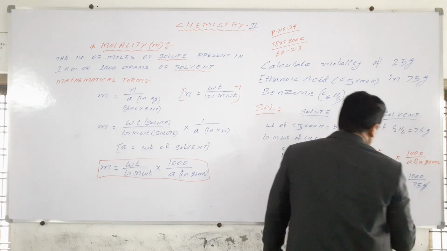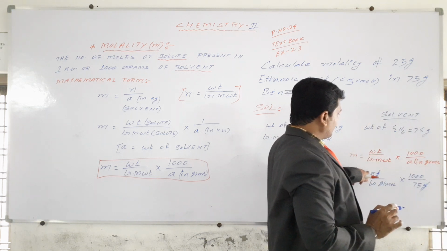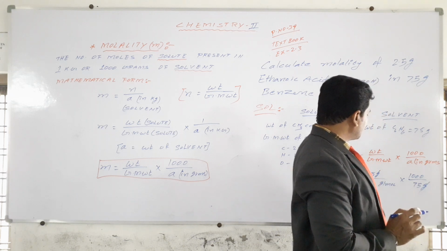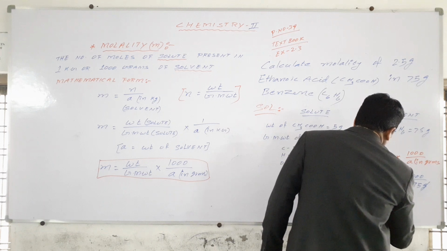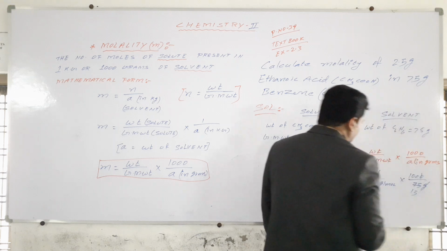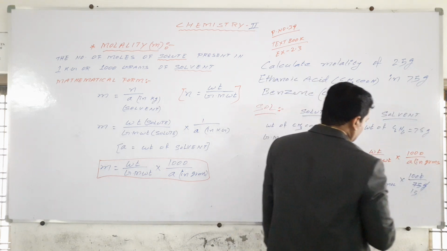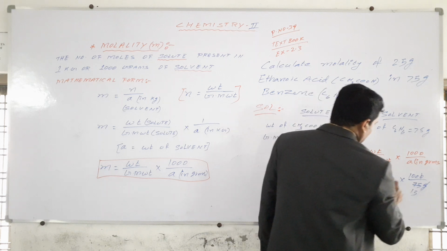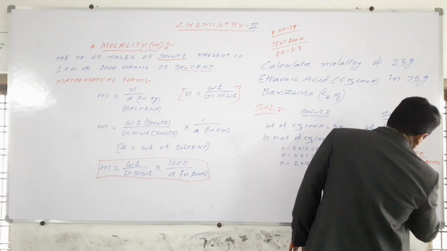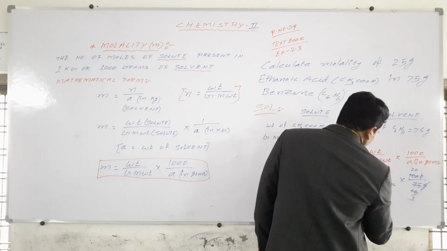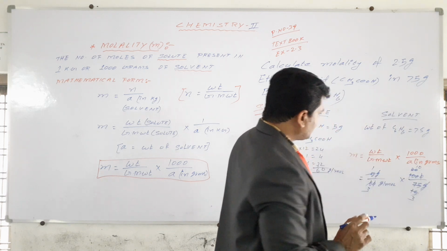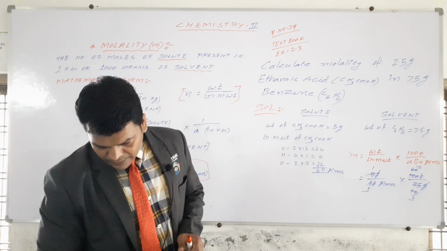Grams cancel. Then 5 ones are 5, 5 threes are 15, 5 fours are 20, then 10 by 3.